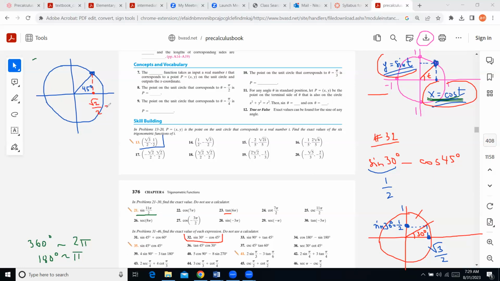So the x coordinate is called cosine of this 45 degrees. And the y coordinate, which is also square root 2 over 2, as usual, is called sine. So square root 2 over 2 always counts as multiples of 45. People say odd multiples.